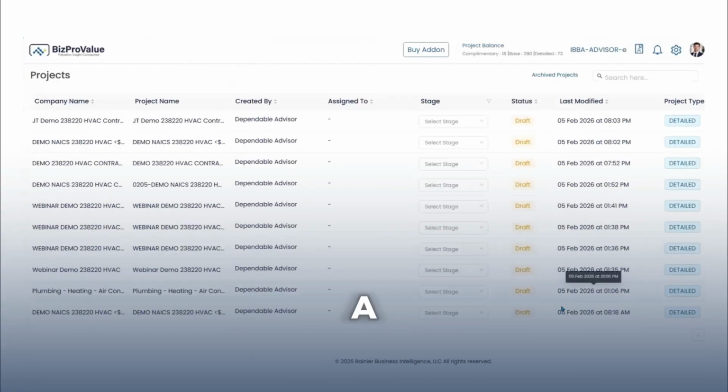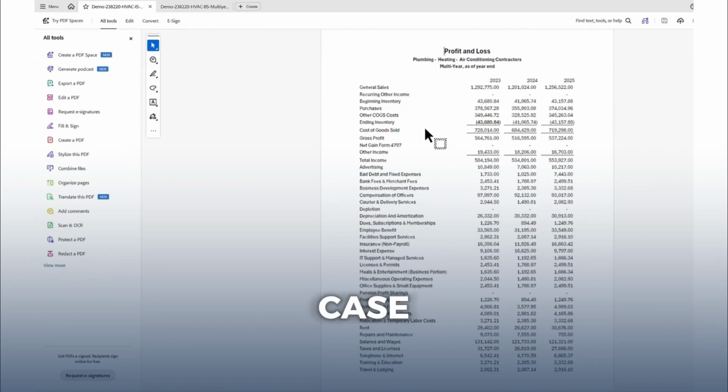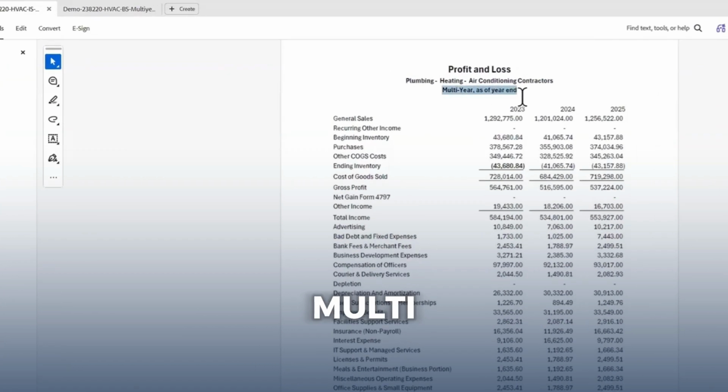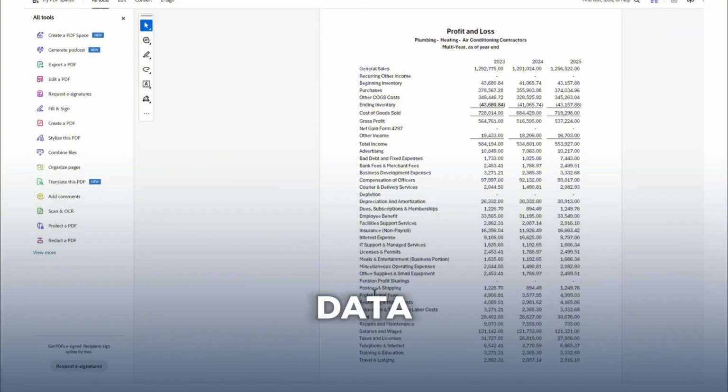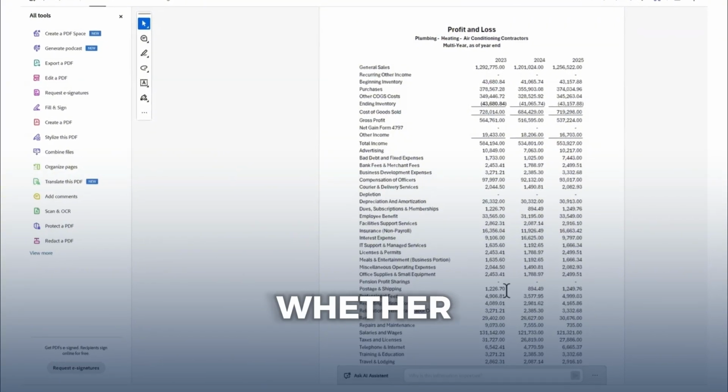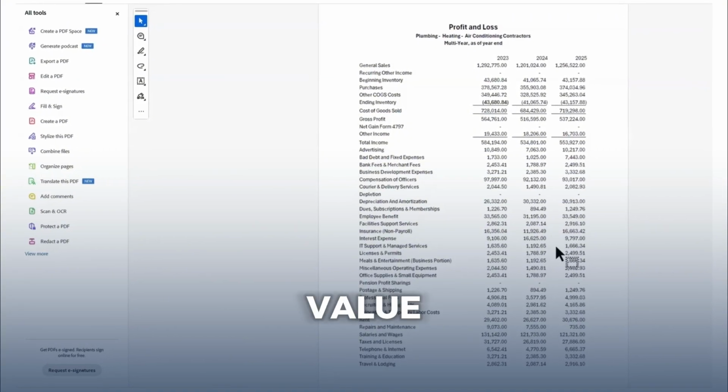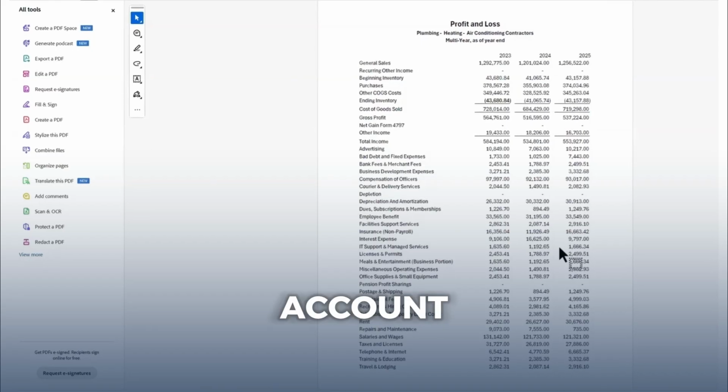So we're going to build a project here today. In this case, I always request, when I'm requesting financial statements, a multi-year statement. I never request 1 year at a time. And the reason why is because I get the entire chart of accounts and data for every year, whether or not they had a value in that year for that account or not.